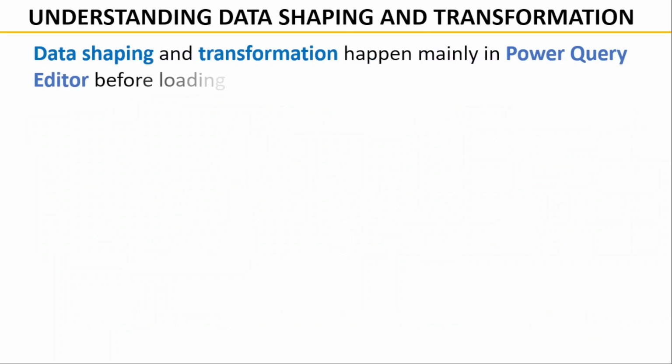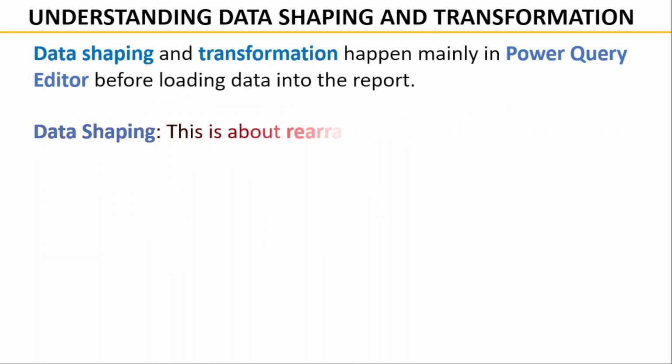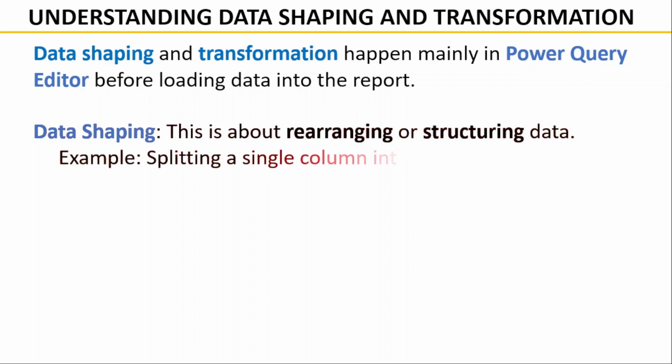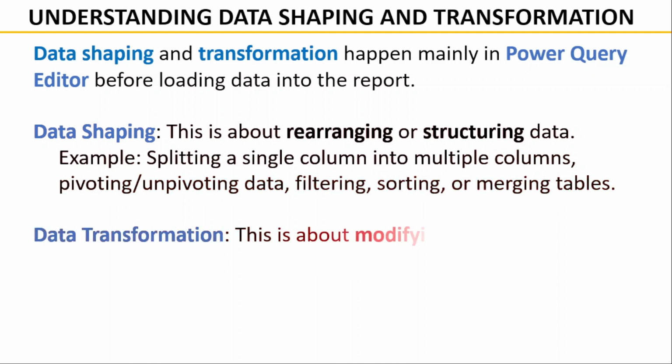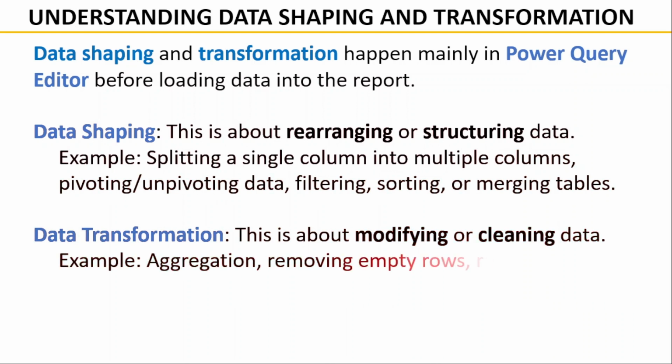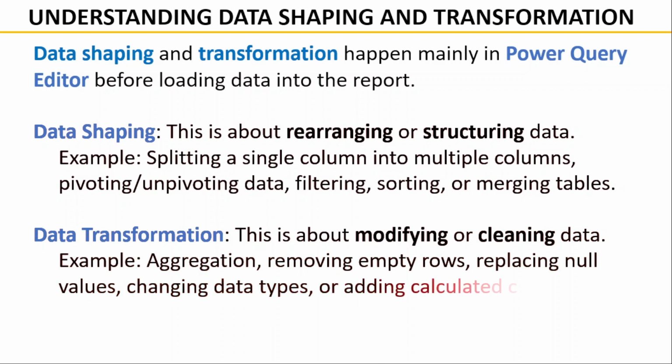Now, data shaping and transformation mainly occurs in the Power Query editor before loading data into the report. Data shaping is about rearranging or structuring data. For example, splitting a single column into multiple columns, pivoting or unpivoting data, filtering, sorting, or merging tables.